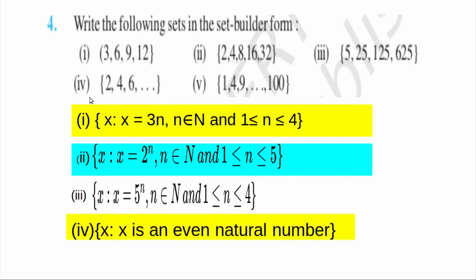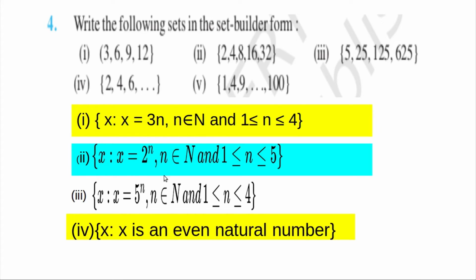Next question is the set of all 2, 4, 6 etc. Therefore set of all x such that x is an even natural number. Next 1, 4, 9, then etc. up to 100. We know that these are all perfect squares.